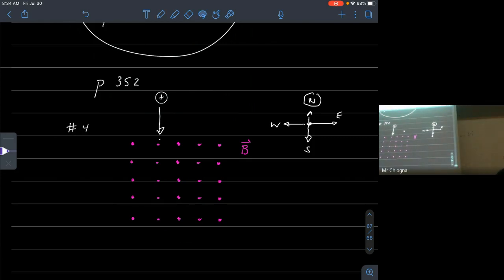So I'm just going to move it over. Well, if it's to the left, once it enters the field, it'll do this. It'll deflect in this direction in a circular path. It will continue to experience a constant force towards the center of this circular path, FB.